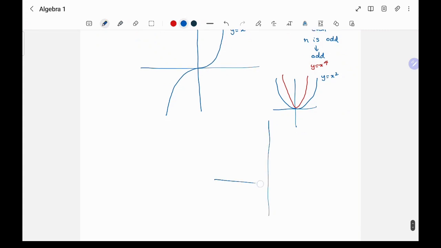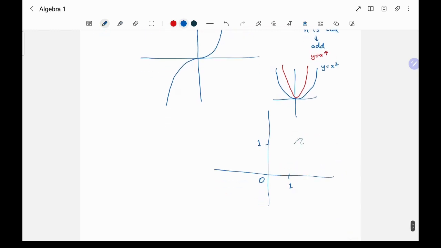So 0 to 1, and here also we have 1. So in this region, 1 comma 1, if this is the y equal to x square, I'm just drawing one side. So for x less than 1, y equal to x power 4 will be less than this, right?